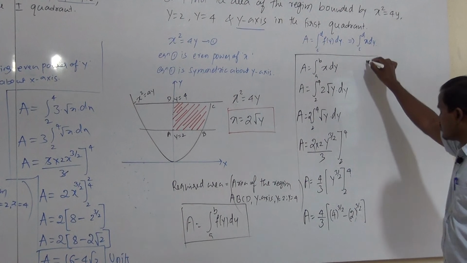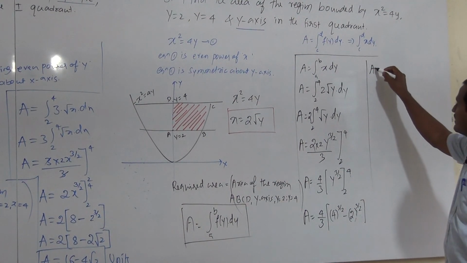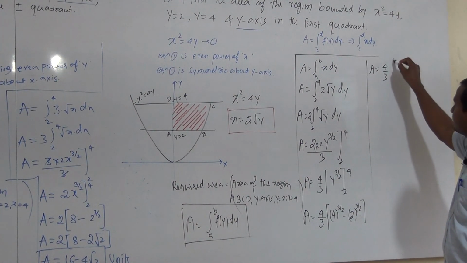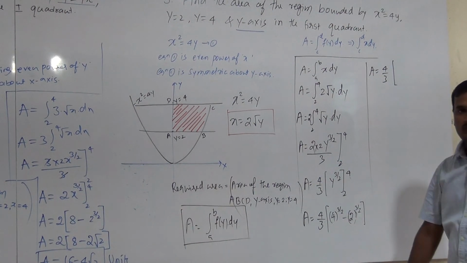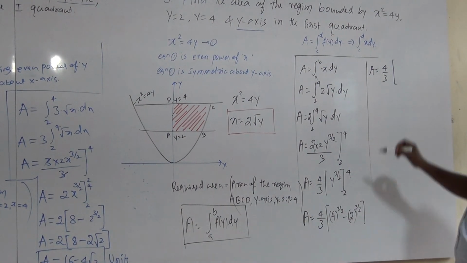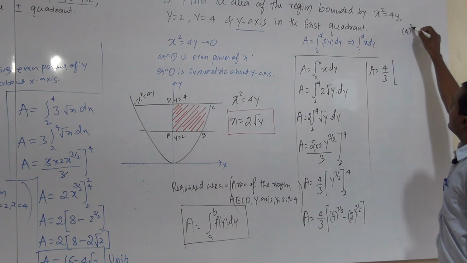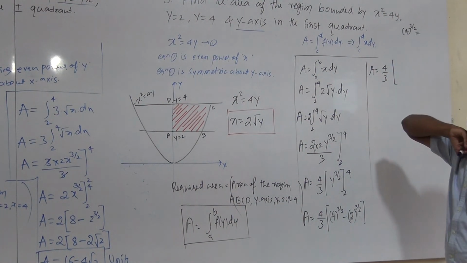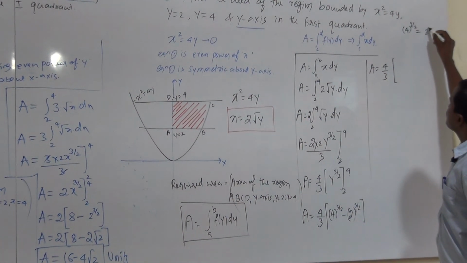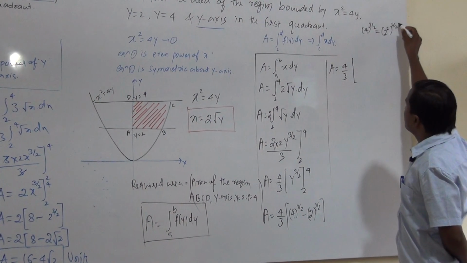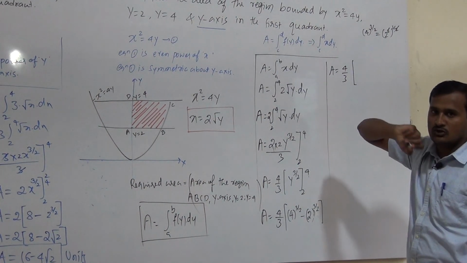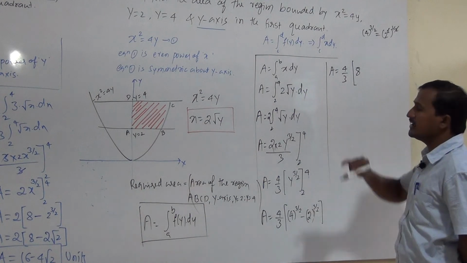Now simplify this. So the required area is equal to 4 by 3, right? What is the value of 4 to the power 3 by 2? 4 to the power 3 by 2 means 2 square to the power 3 by 2. This 2 and this 2 will get cancelled, leaving 2 cube. 2 cube is nothing but 8.